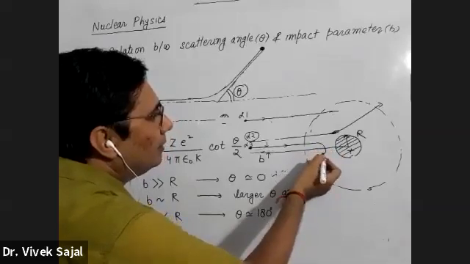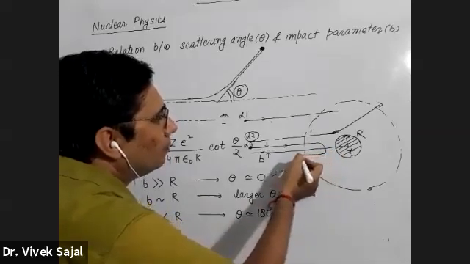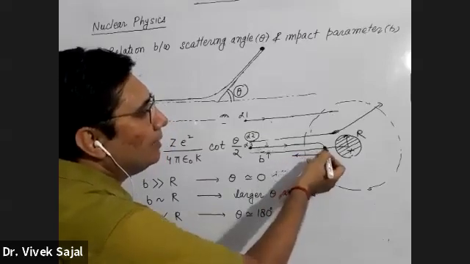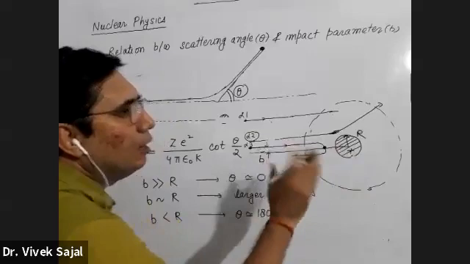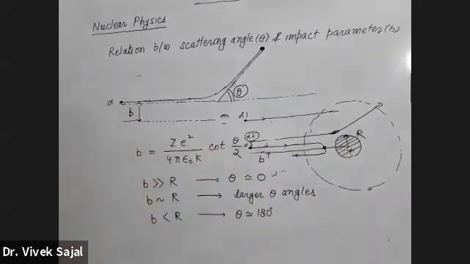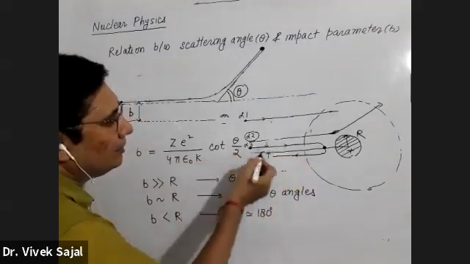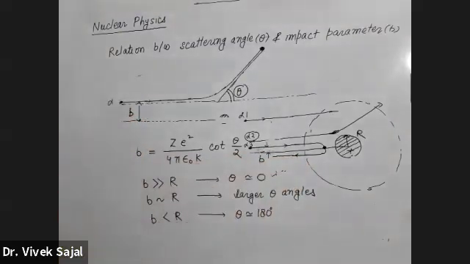Then it will move in the backward direction, because the alpha particle as well as the nuclei both have positive charge. So there is a repulsion. Due to this repulsion, it will be scattered back.